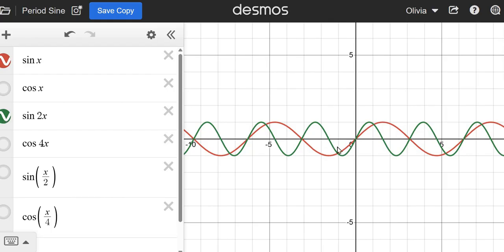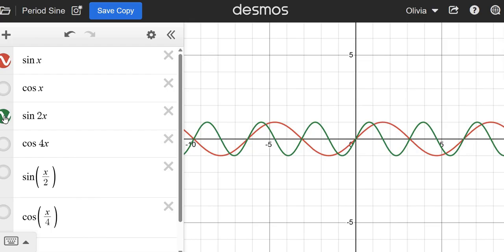And so notice that I still have a similar shape, right? I'm still having this curved wave-like function, but notice that my waves are happening at an increased frequency. So they've been squashed towards my y-axis.